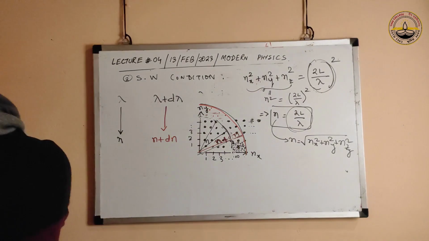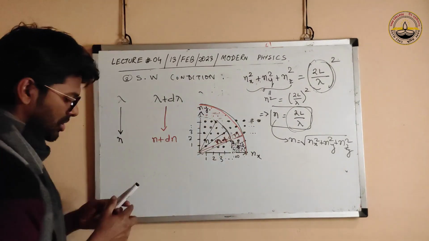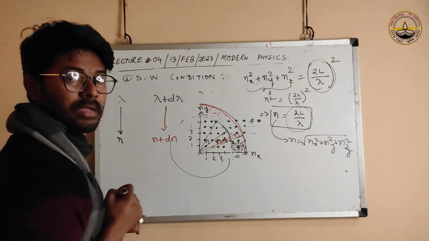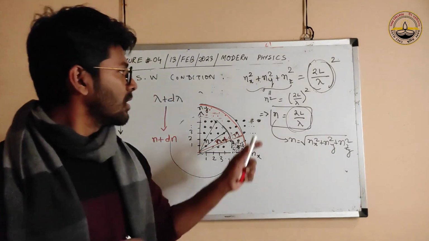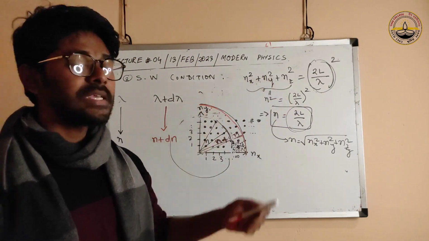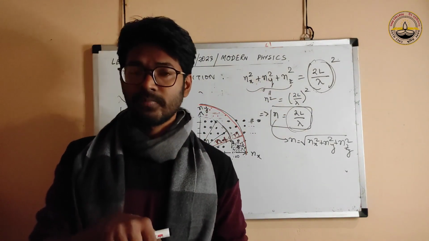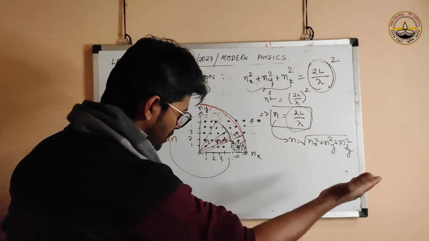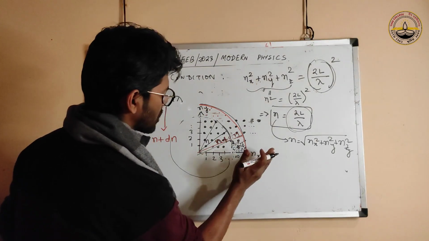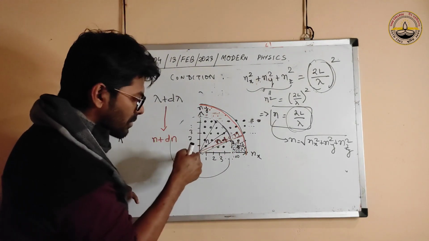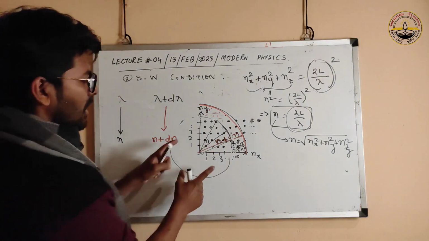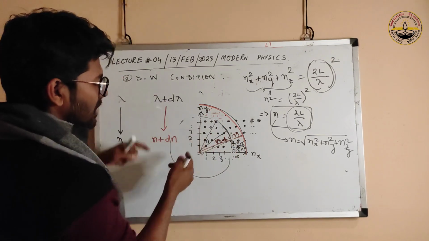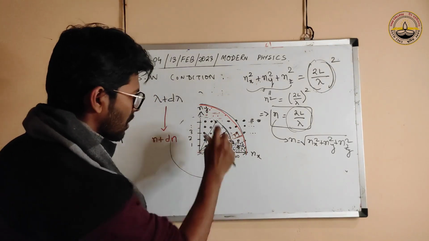Okay, so in this two-dimensional case, what is the area of the strip? Now remember, why did we not draw this full circle? Because that's not allowed. Remember that nx, ny, and nz can take only values starting from 0. They cannot have values like -1, -2. So only positive numbers. So starting from 0 only in this direction, starting from 0 only in this direction, starting from 0 only in this direction. And therefore, in two dimensions, there will be 4 quadrants, and so we have to take 1/4 of the area.